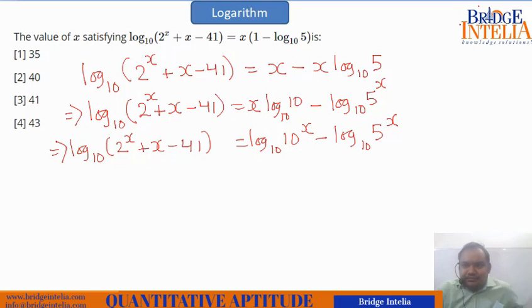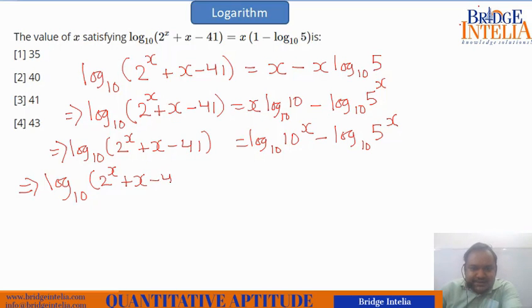So if you rewrite this further, it can be written as log to the base 10 of 2 to the power x plus x minus 41 is equal to, you can take log 10 as common, 10 to the power x divided by 5 to the power x, which is equal to log of 2 to the power x to the base 10.